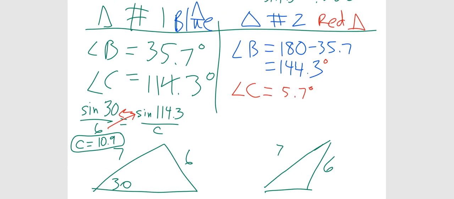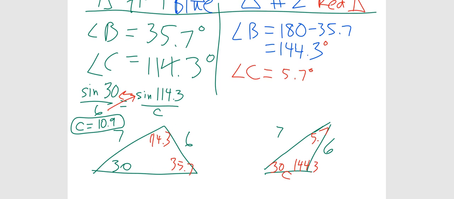Okay, so now, if we know angle C is 5.7, we need to find side C, right? Because we got the 5.7, and we got the 144.3, and the 30. Right, this was 35.7, 114.3, and you guys found 10.9 on the bottom there. So now I've got to do the law of sines again.